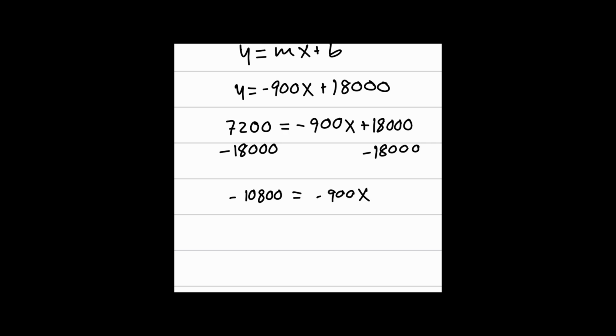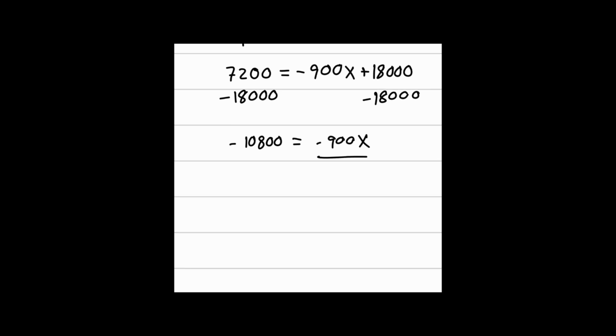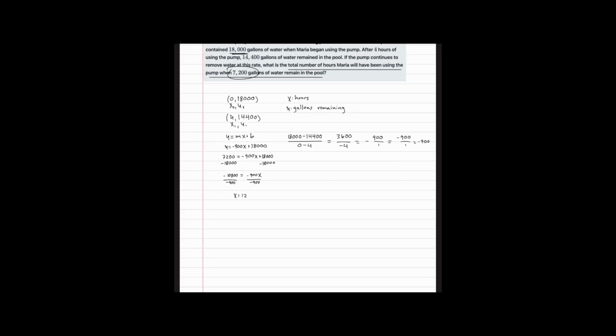And now I'll divide both sides by negative 900 to isolate my x variable. And when I do that, I get 12. So x equals 12. In other words, after 12 hours, there will be 7,200 gallons of water remaining. So that would be my answer.